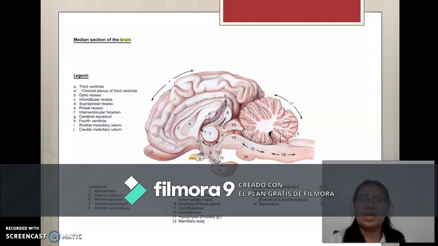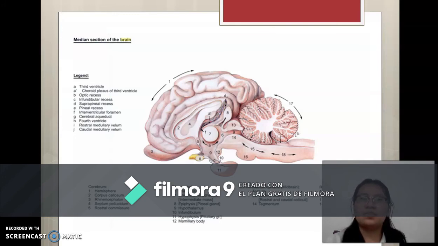The interthalamic adhesion is a flattened band of tissue that connects both parts of the thalamus at their medial surfaces. In mammals other than humans, it is a large structure. In humans, it is only about 1 centimeter long.